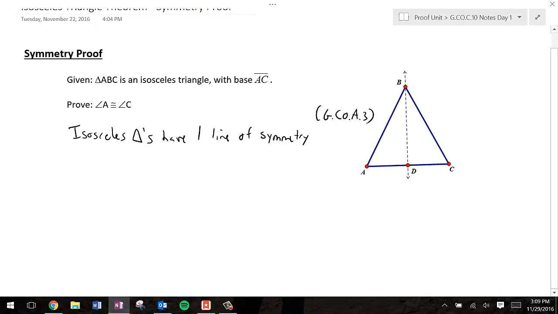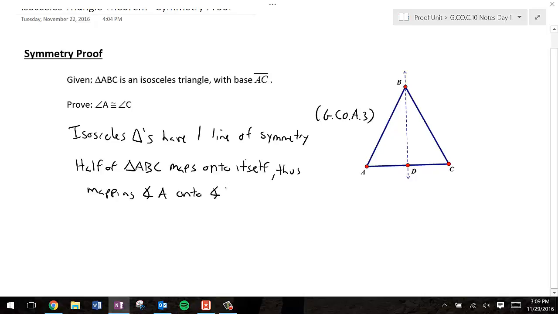So since these triangles have a line of symmetry, that means that half of triangle ABC maps onto itself. In other words, we can fold it right over the top, and that tells us we are mapping angle A onto angle C, making angle A congruent to angle C.